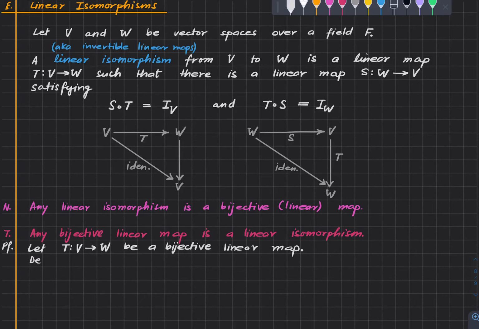Just define S as the inverse of T. Then we will show that S is linear. So let W1 and W2; I will just check the addition property.